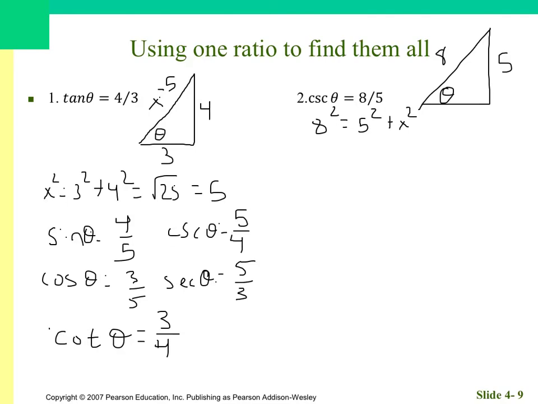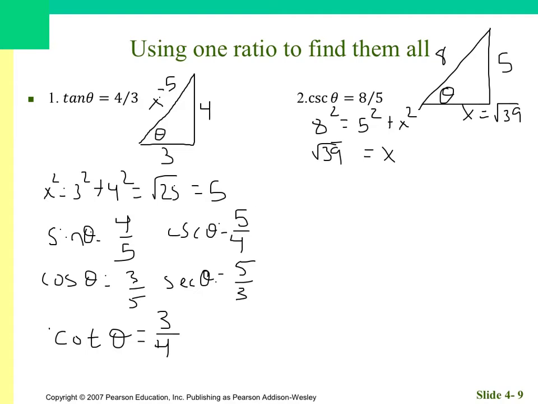So 64 minus 25 is 39. So x is the square root of 39. And that can't be simplified at all. So we leave it like that.